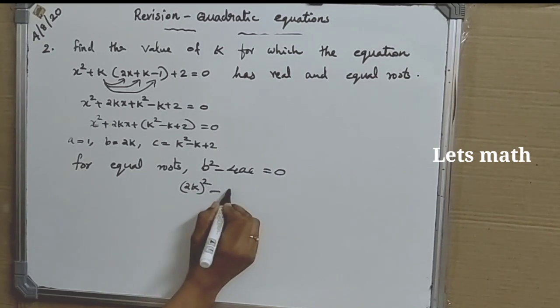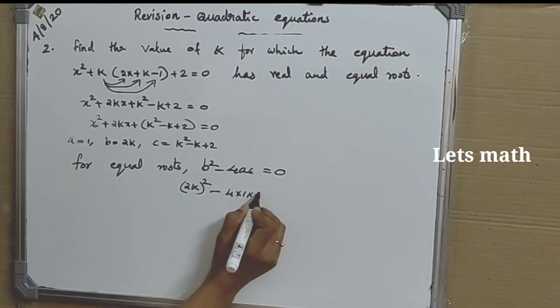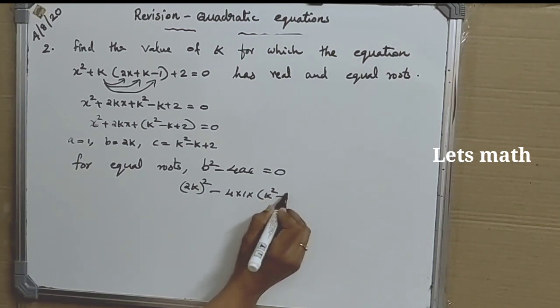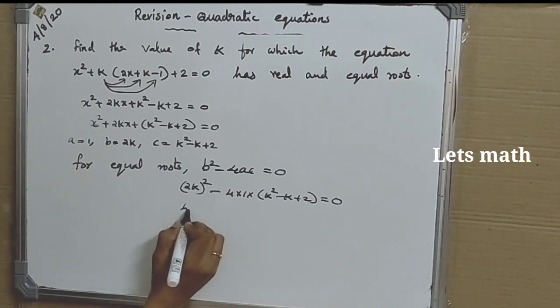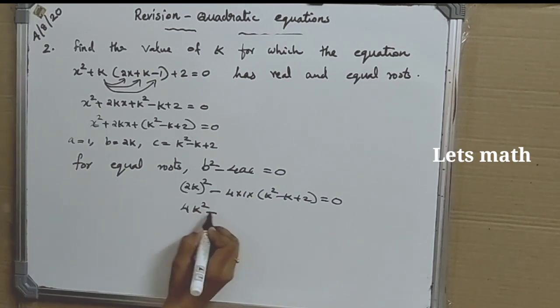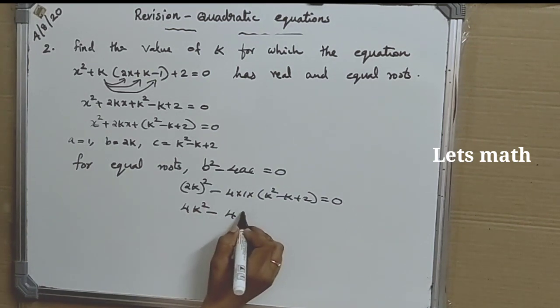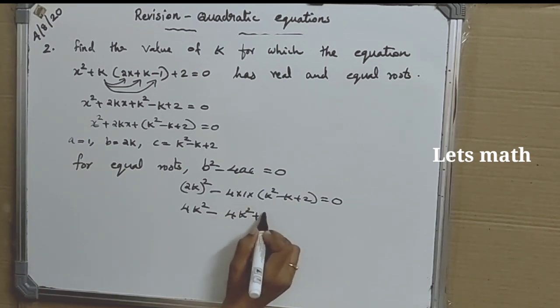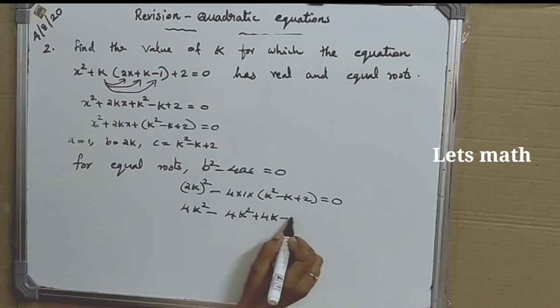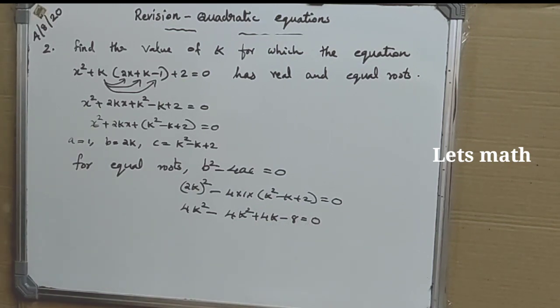2k square minus 4 into 1 into k square minus k plus 2 equal to 0. 2k square is 4k square, minus 4 into k square minus k plus 2.